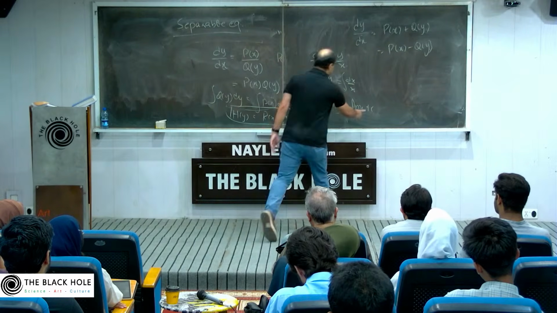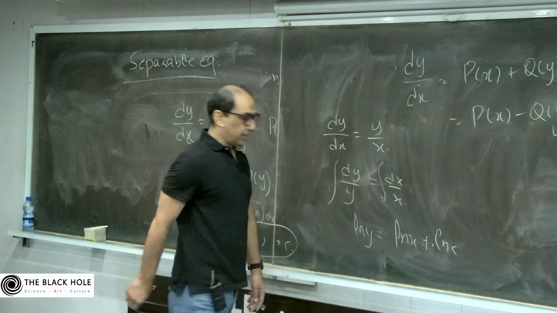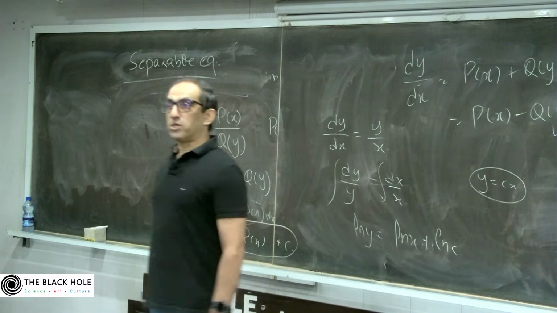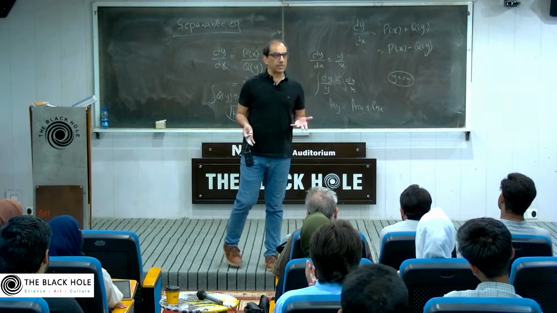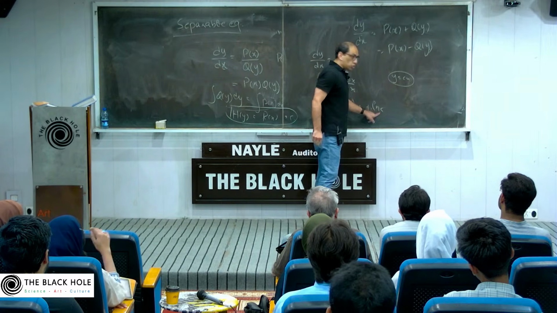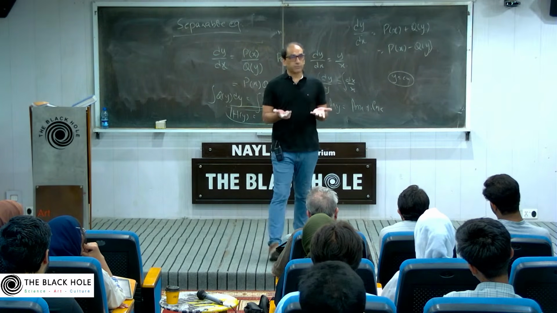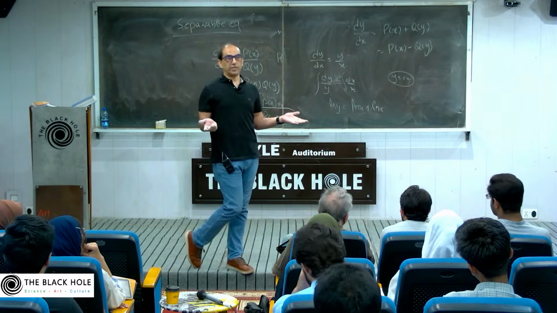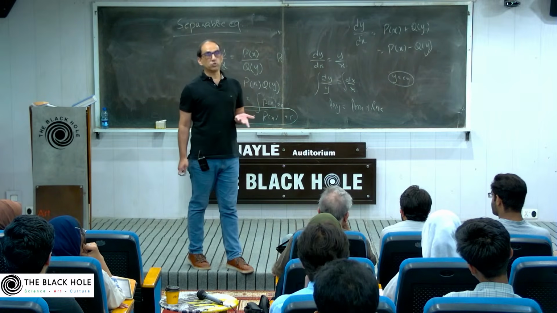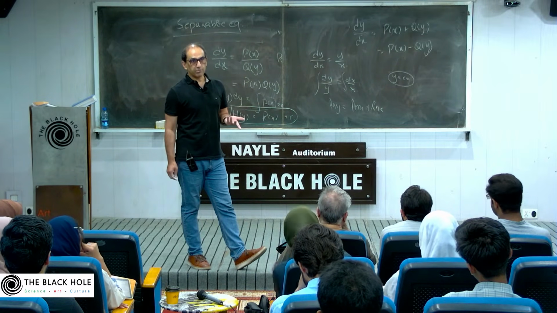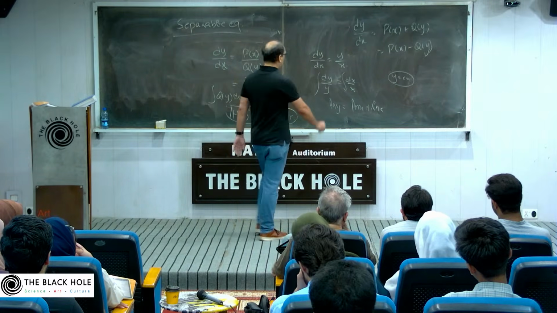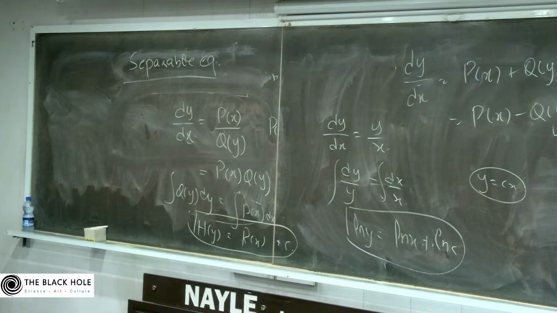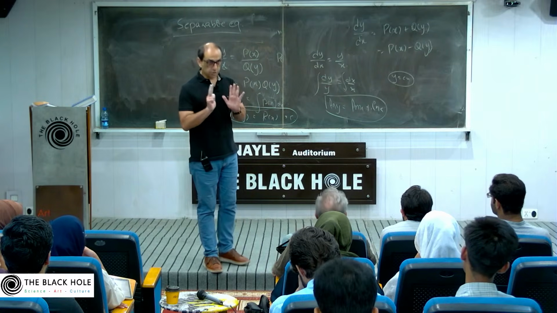So it's better that I write it as log of c, and immediately my answer would be y equals cx, because e raised to power c is again a constant. If I choose it to be log, I create some facilitation for myself, and it will have no effect on the eventual results because the derivative with respect to x is 0. This gives me immense leverage to choose a constant of my liking so that I can simplify my calculations. This is one point that I wanted to make.